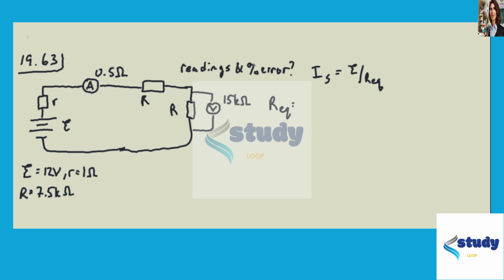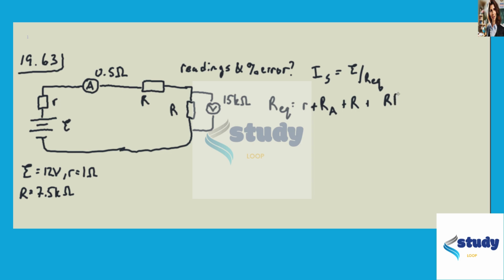So the equivalent resistance, we have the internal resistance of the battery, we have the internal resistance of the ammeter, we have our resistor here, then that's in series with the parallel combination of our other resistor and the voltmeter.